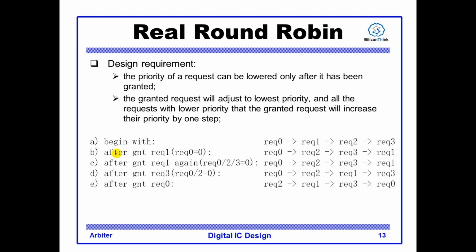So for example, there are 4 requests beginning with request 0. This is the highest, this is the lowest. Okay. So after we grant request 1, assume request 0 is at the highest priority. So the priority of request 0 will keep, and the requests with lower priority will shift one step to higher priority, and request 1 will change to the lowest.